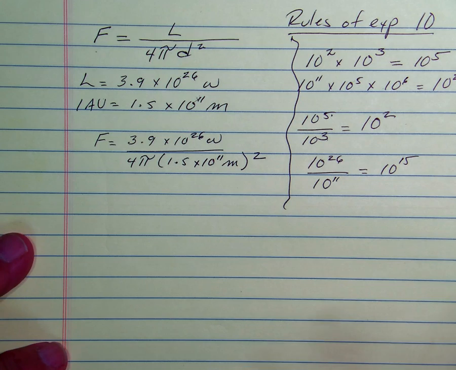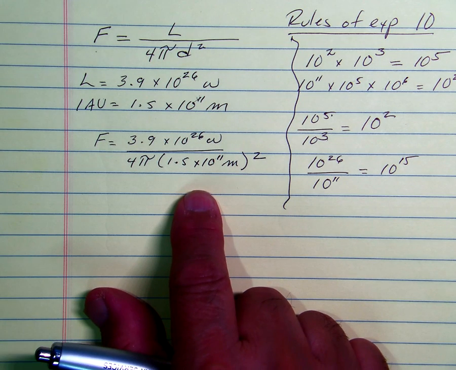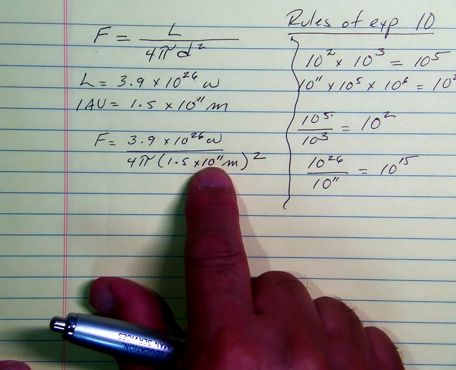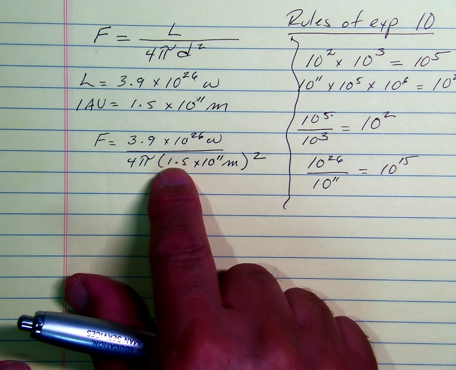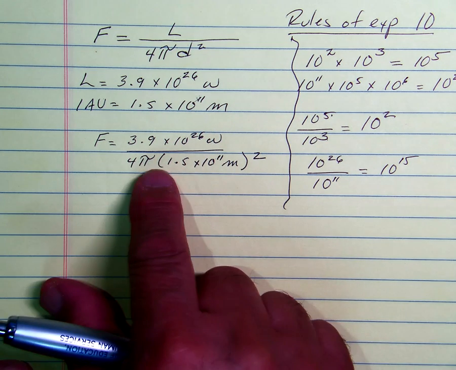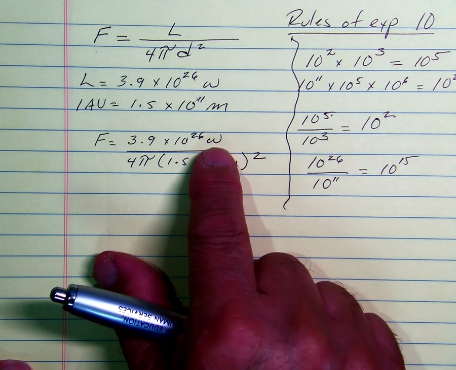That's easy to resolve. Now all we need to do is keep the 10 to the 11 and square it, square the 1.5, and solve the denominator. Let me do that slowly. We're going to keep the numerator exactly the same.